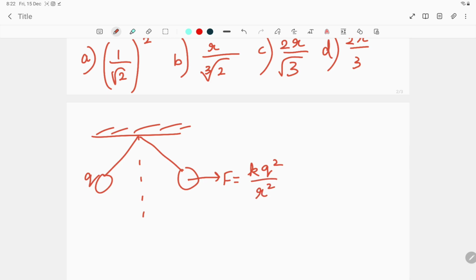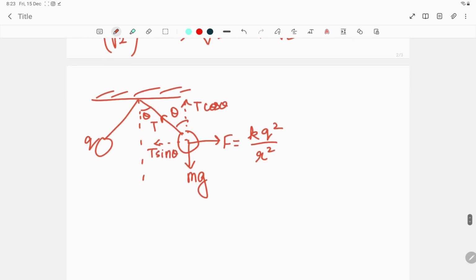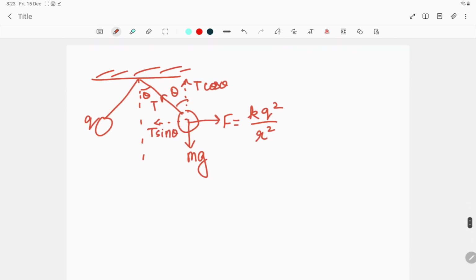The force due to gravity will be mg, and the tension force will be T. If I draw a vertical here, this angle is theta, and this angle is also theta. We can split into two components, T cos theta and T sin theta. We can equate the forces in the x-axis and the y-axis because they are in equilibrium.